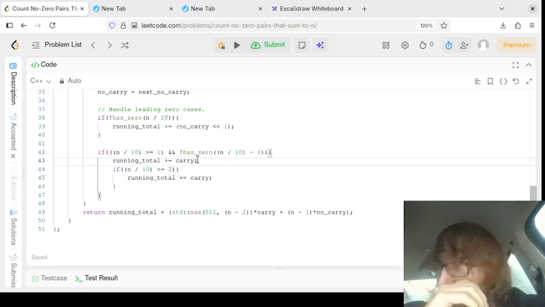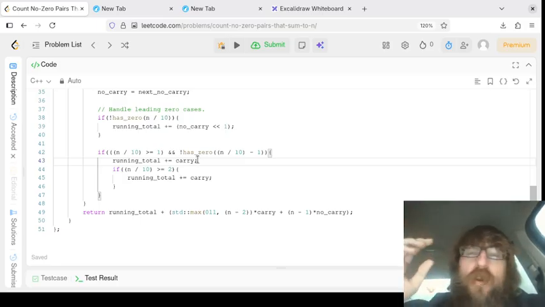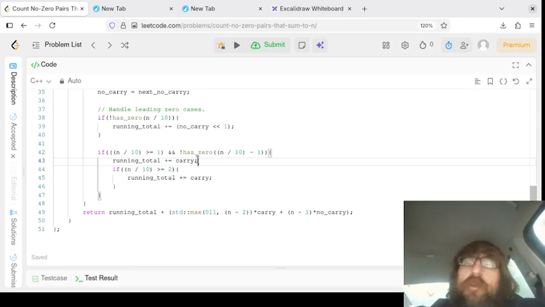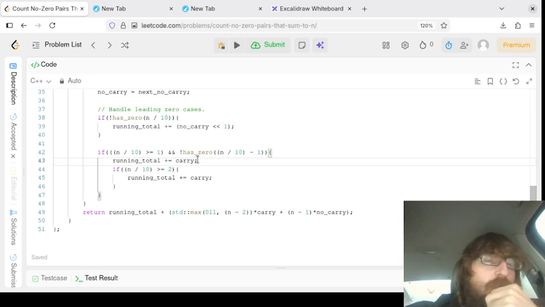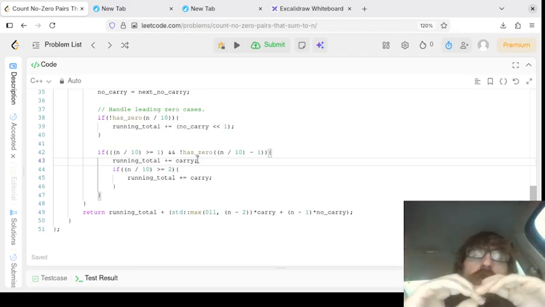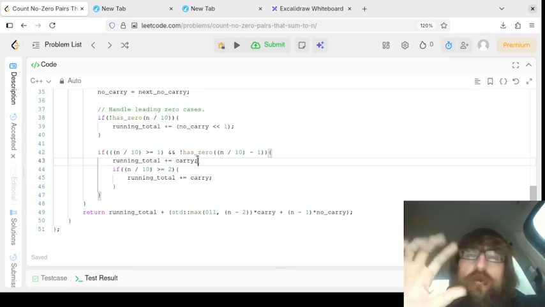So in the case of 15, you have 6 and 9. You don't have 1, 6 and 0, 9. You just have 6 and 9. There's no extra prefix to be added. As I mentioned, this is relatively subtle. What that means is that the carry case in that situation already encompasses all of the possible pairs, because there is no leading 0 to consider.